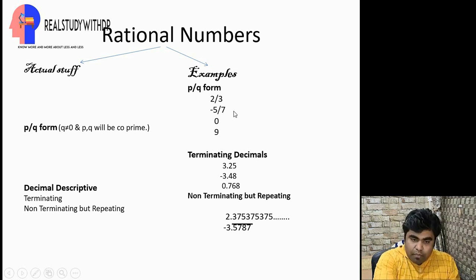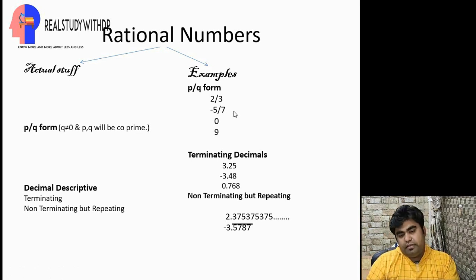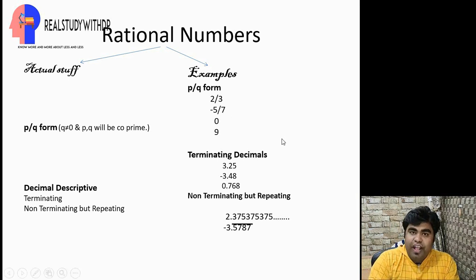So 2 has a common factor with 3 of 1 only. If we do the prime factorization of the numerator part and the denominator part, P and Q, and we get only 1 as a common factor between both of them, then they are considered to be coprime numbers.